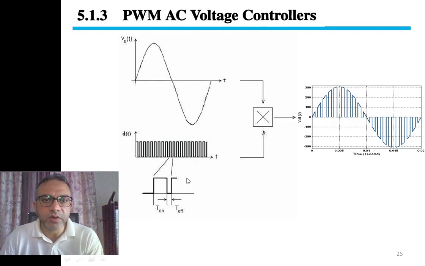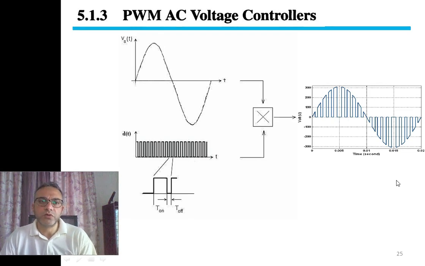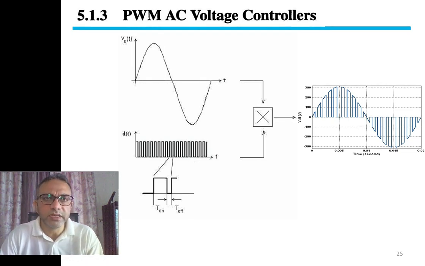Once we multiply the pulse train with a normal sine wave, we get a PWM AC output voltage. So now let us come to the next slide.